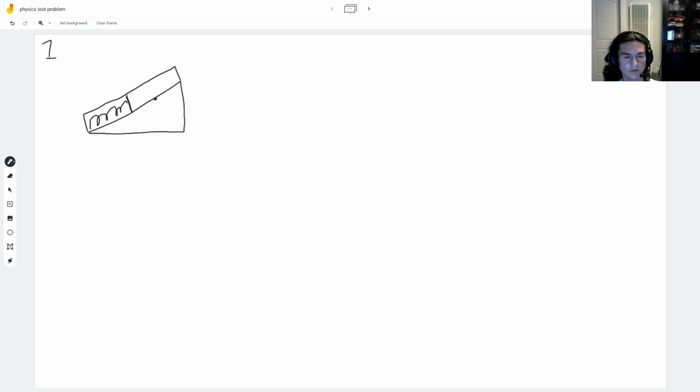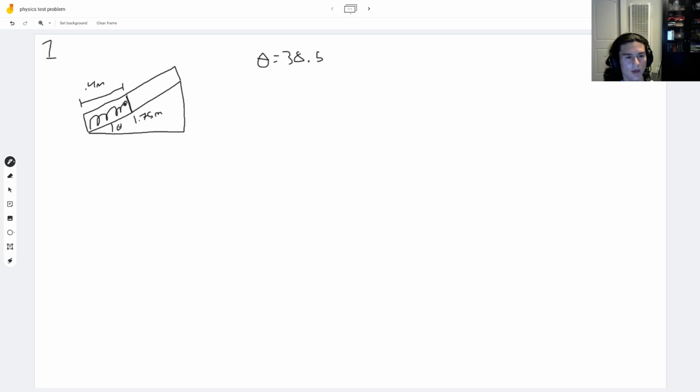The relaxed spring length I think was around 0.4 meters, and the entire length of the wedge was, I want to say, 1.75 meters. The angle theta here, I'm pretty sure, was 38.5, maybe.